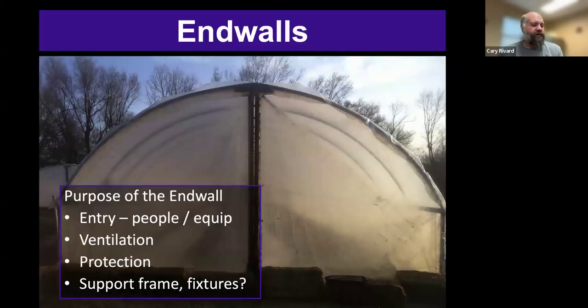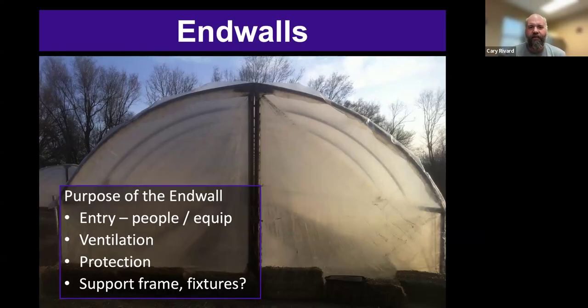In terms of the in wall itself, one of the things you want to be thinking about is what is the purpose of the in wall? What do I need it for? Right. And so the big thing is obviously we need to be able to get in and out of it, and not just ourselves, but also any equipment that we might need, as well as using it for ventilation. And in-walls oftentimes are used for ventilation in the wintertime because we don't want to blow a bunch of cold air through the tunnel.